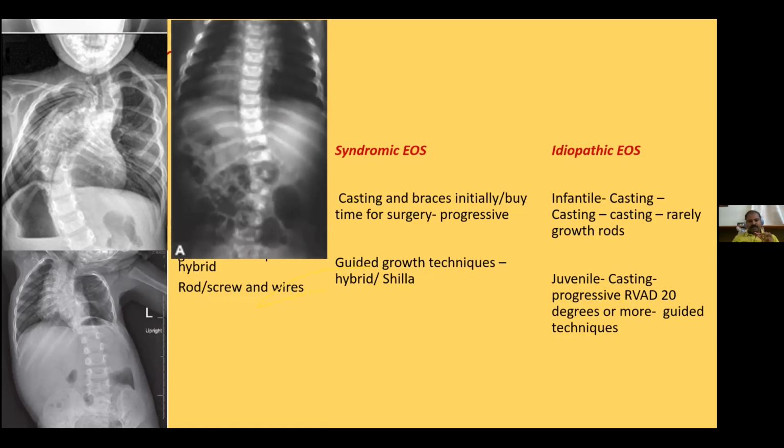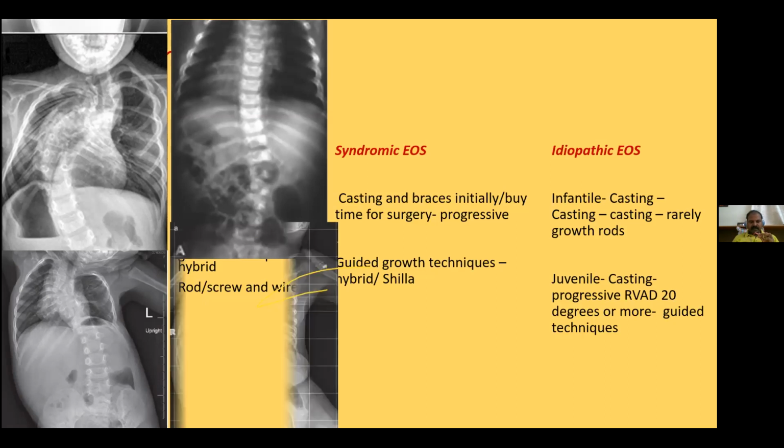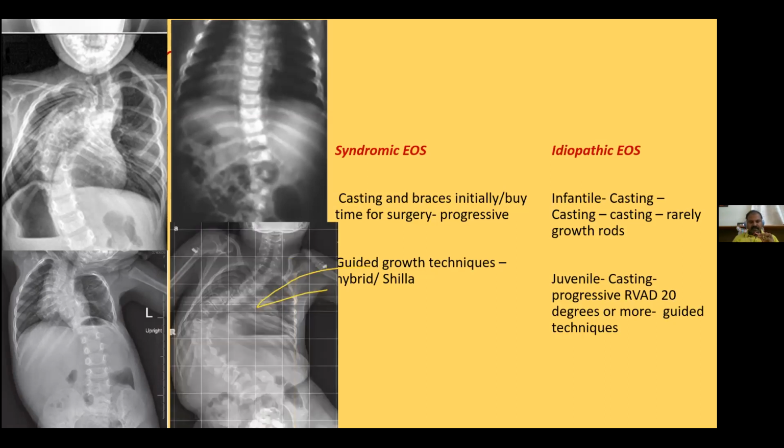And if it goes beyond 60 degrees or like this, then definitely I would use a self-growing technique, like how we use anchors, rods and wires, so that there's one surgery and then the growth will be guided along the path.